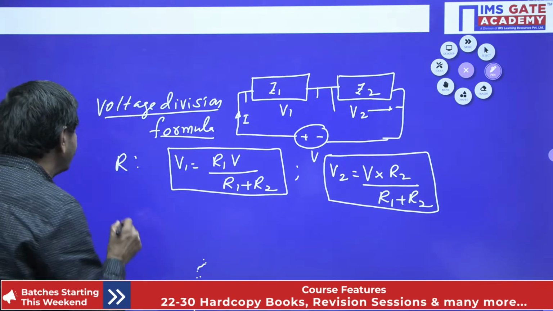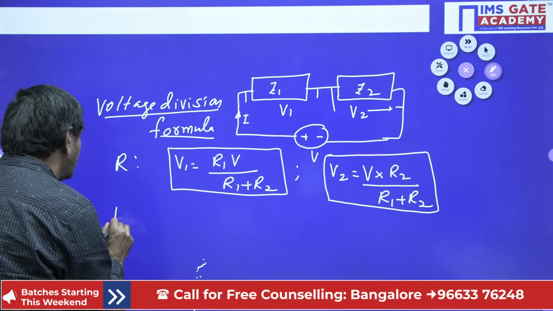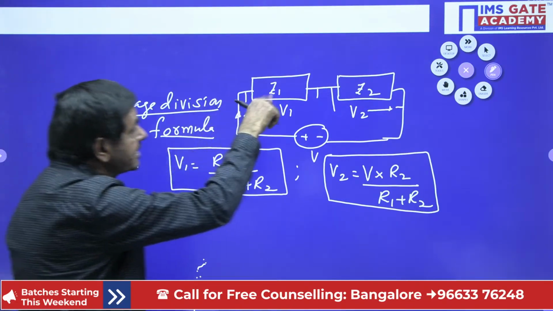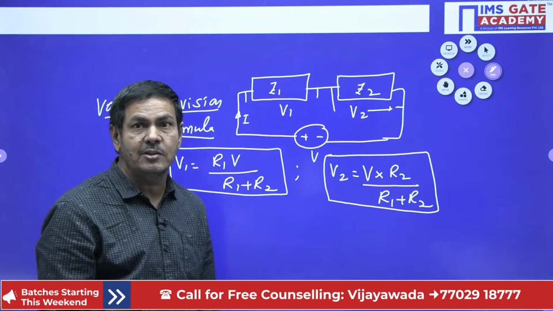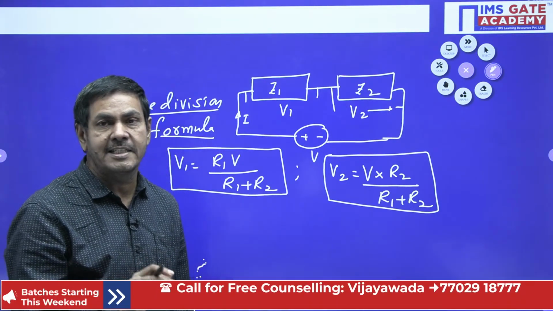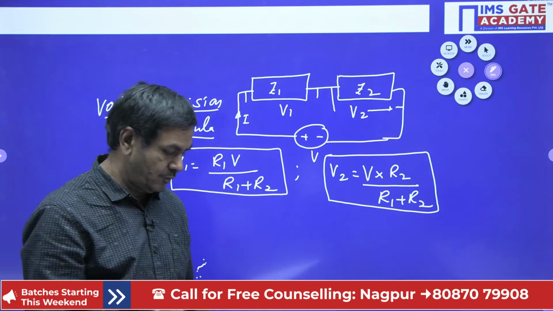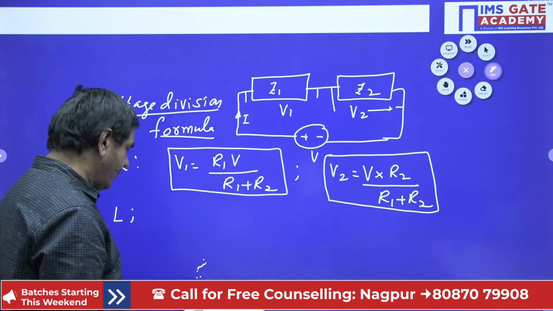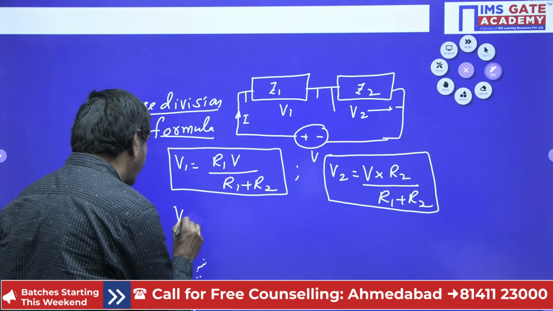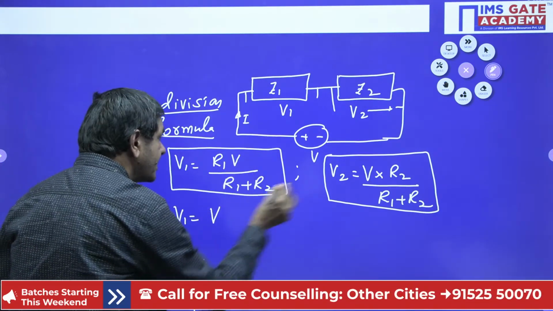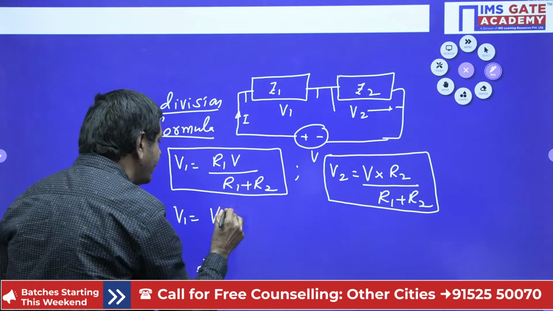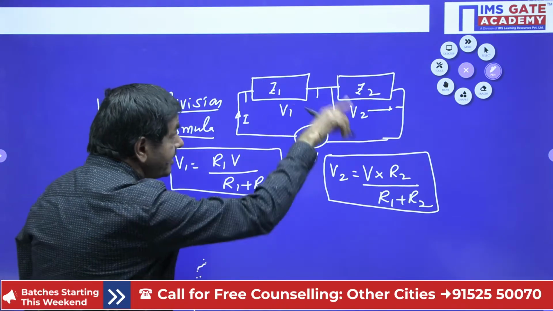In case you are given inductors, two inductors are connected. In the place of Z1, I connected L1, and in the place of Z2, L2. How can we find the voltage across L1 and L2? The voltage across L1 is V1. There you can use the supply voltage into L1 by L equivalent value.